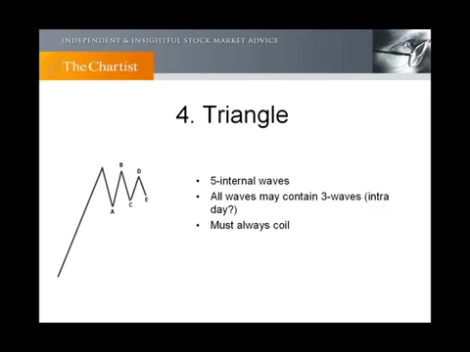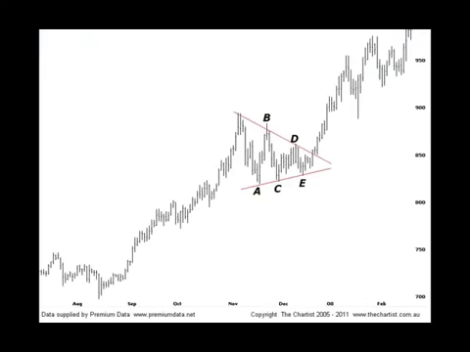Okay, very, very important. You may get 4 internal waves, or you may get the 5th, should I say, but when you get the 5, you've really got to go for it, because it offers a very, very high risk-reward opportunity. So you can see here we've got a nice impulse, A, B, C, D, and E.